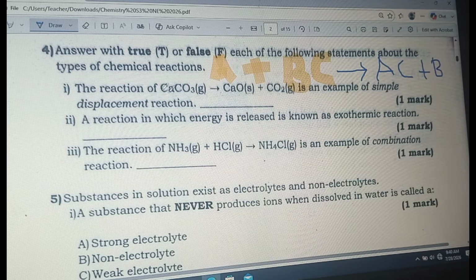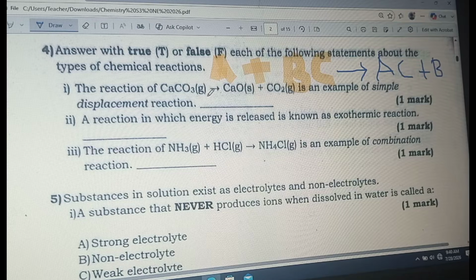You see, this calcium carbonate to form calcium oxide and carbon dioxide is what we call decomposition. Need heat in order to decompose this compound.